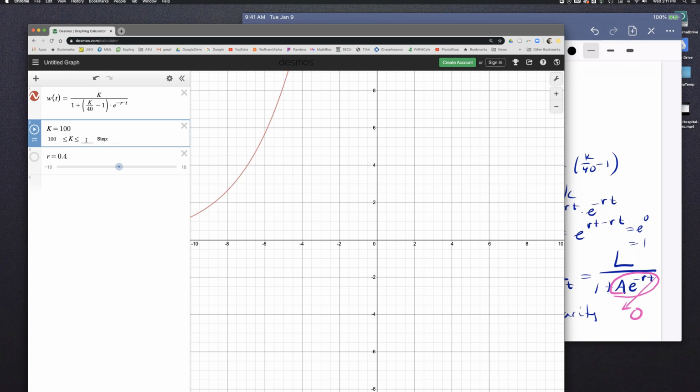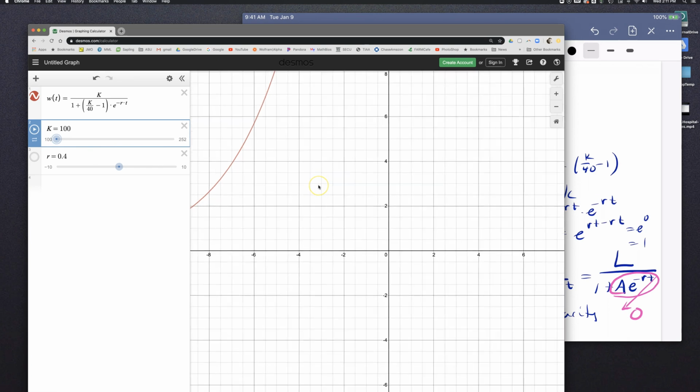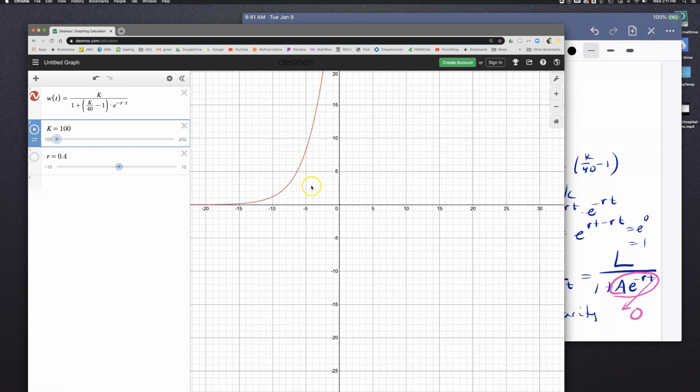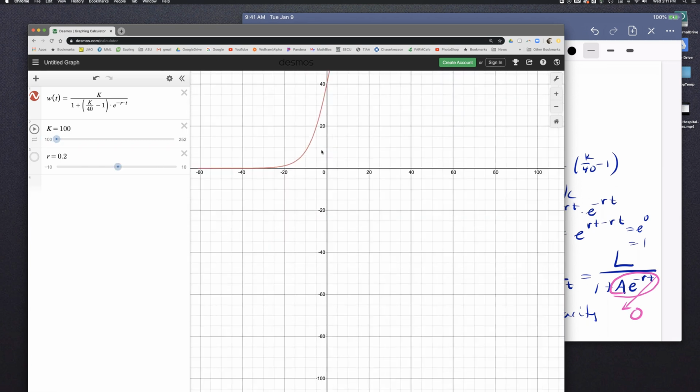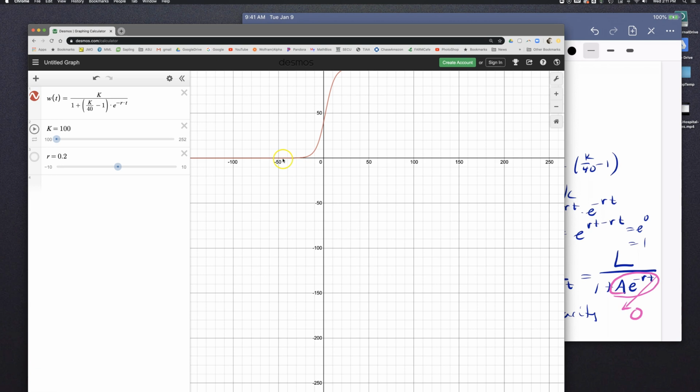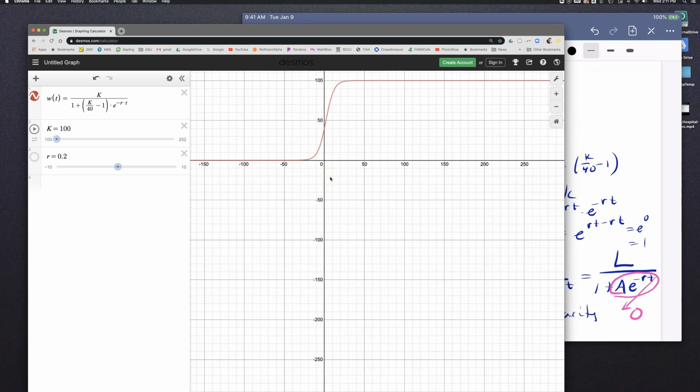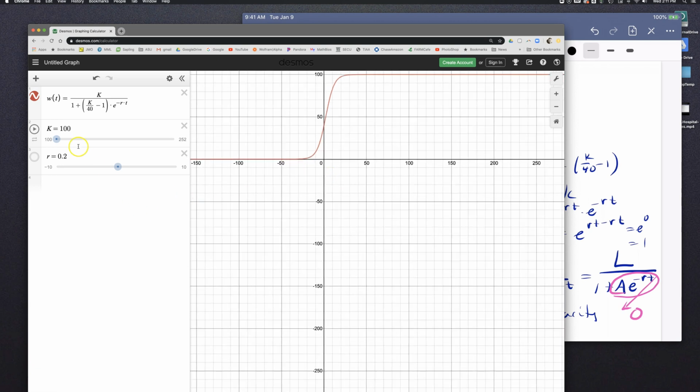Sorry, k going from 100 up to 252. So here we're starting to see a population, and r was a small number. And here is what a typical logistic function is going to look like.